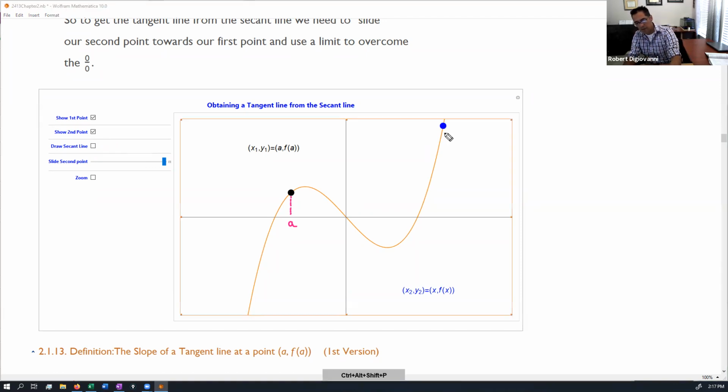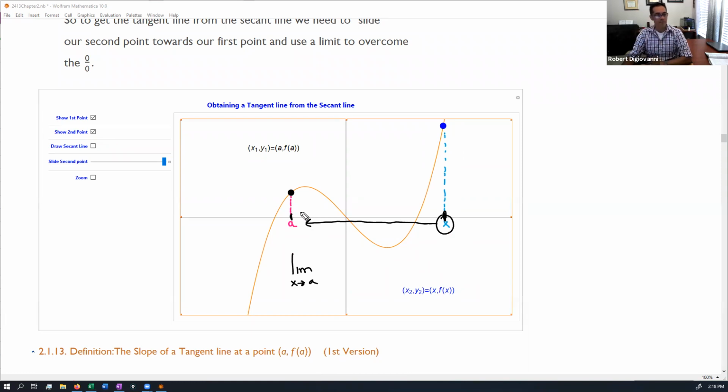We just picked it. And then what we did is we slid this point on top of that one by letting the X approach A. So it wound up being a limit as X went to A. And visually, it was physically moving that X value from here over to the A.